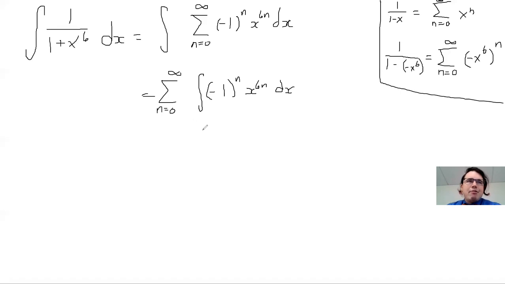My antiderivative of -1 to the power n times x to the power 6n will be -1 to the power n times x to the power 6n plus 1, all divided by 6n plus 1.